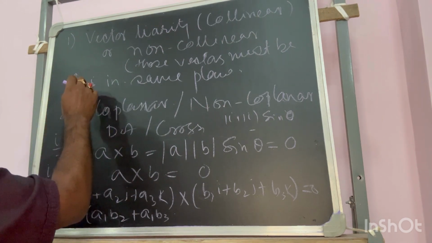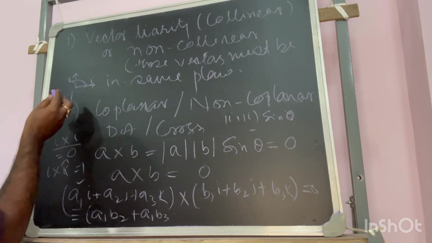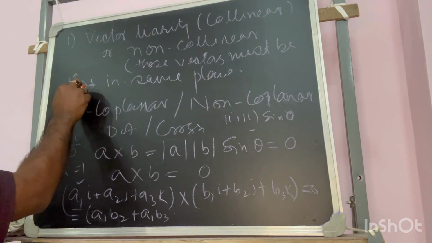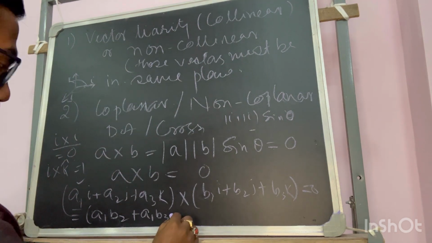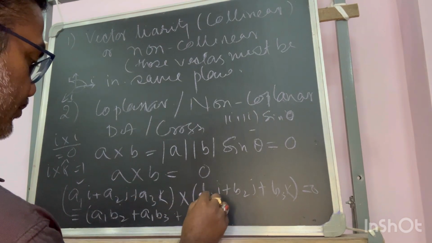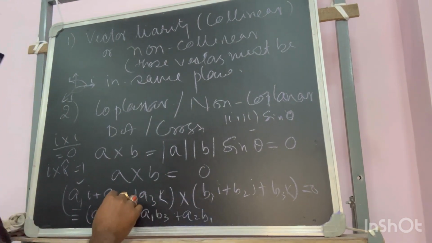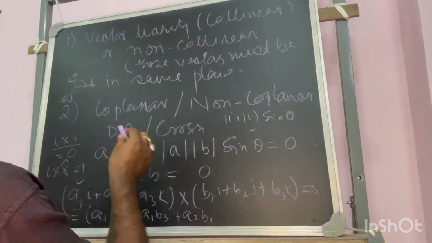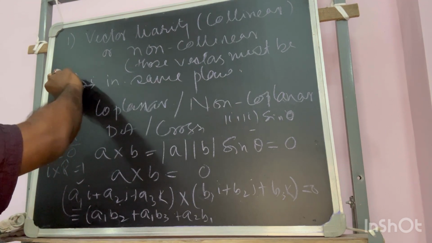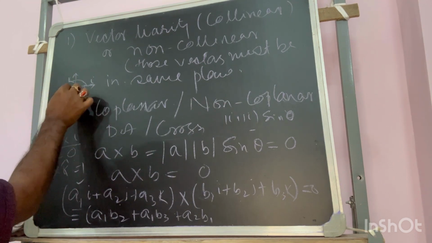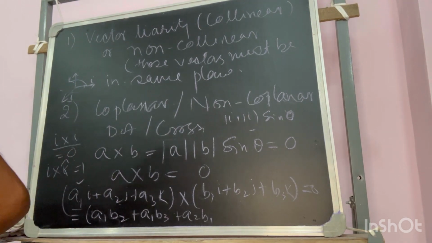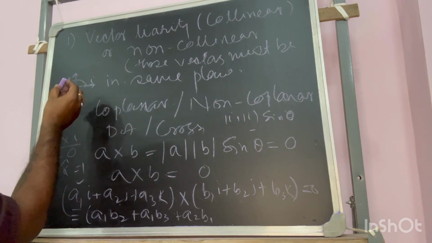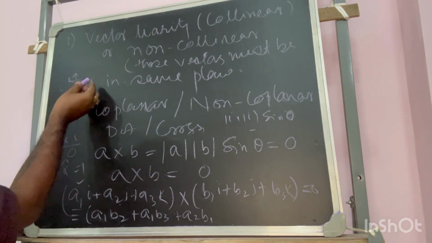So it will be positive, a2 b1. Next, j with j will be 0, a2 b2. Then j into k means it is rotating in this direction, so the resultant will be in the negative direction, not the positive direction. When you rotate this way, you are following anti-clockwise, not clockwise.